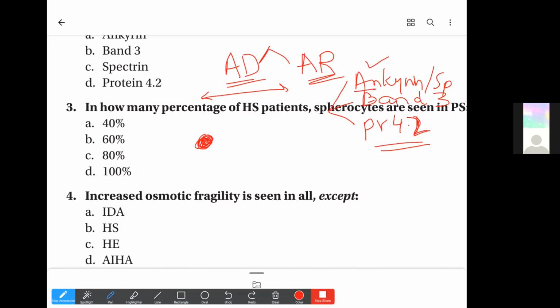Most commonly it is ankyrin, which was the answer to the above question. Autosomal dominant is most common, and the most common defect would be in ankyrin. But band 3 and 4.2 proteins, and spectrin, can also be involved. We know that protein 4.2 is more common in Japanese, but band 3 can also occur in about 25% of cases.